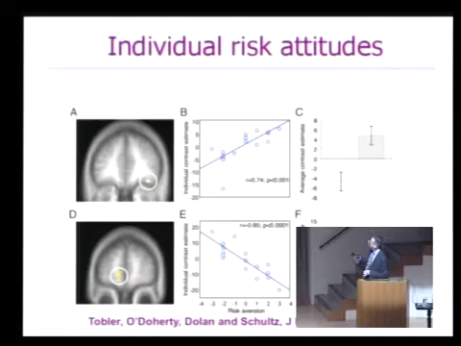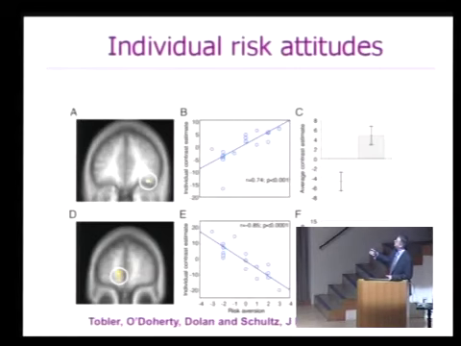activity in, again, this ventromedial prefrontal cortex correlates with their uncertainty. So this is a risk signal. And across individuals, activity is stronger in this region the more risk-seeking the individual is. The more risk-seeking they are, the more likely they're going to want to take the risky option, and the stronger the activity in this region correlates with this risk signal.